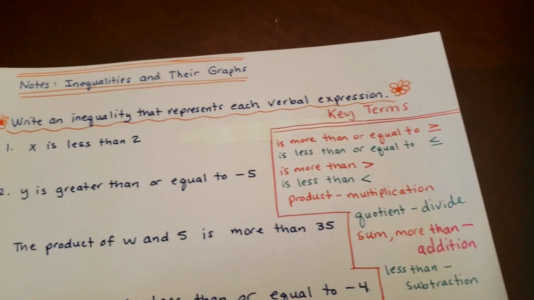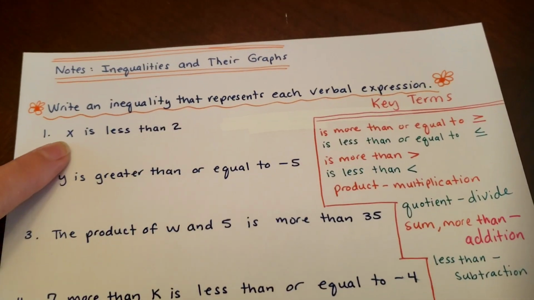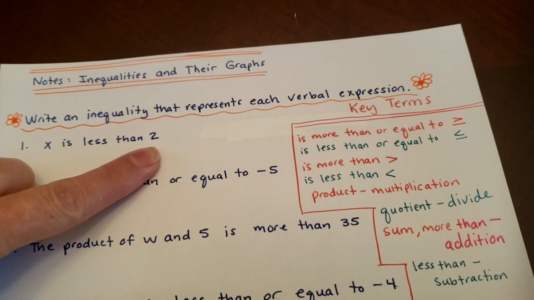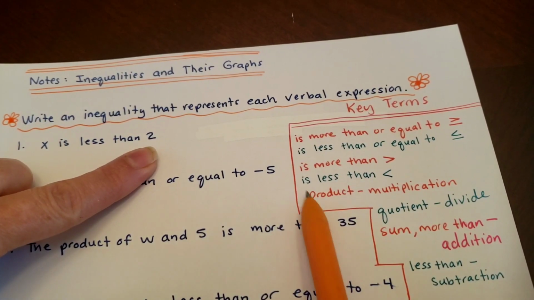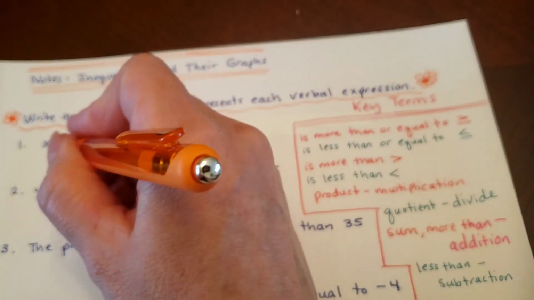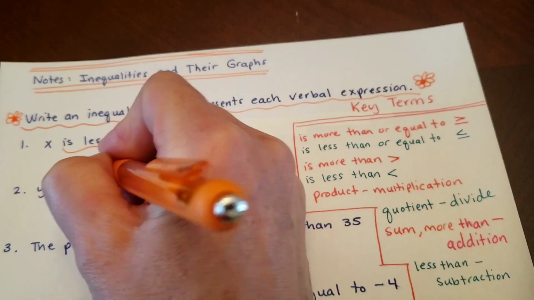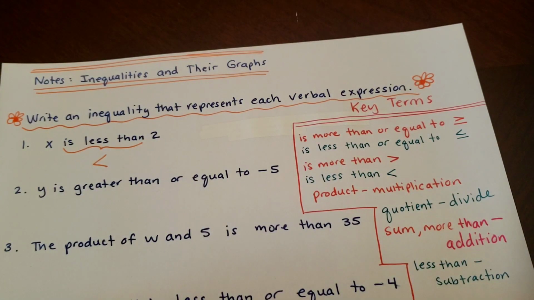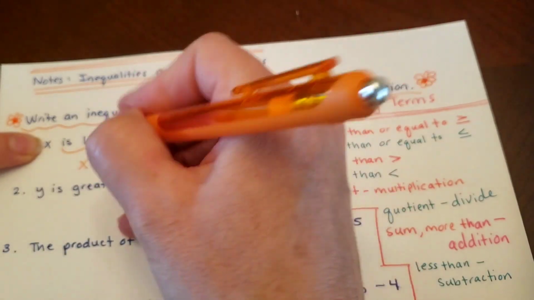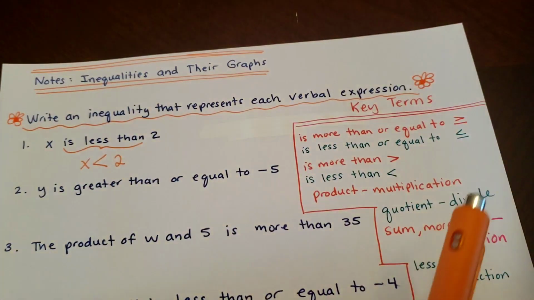All right, so if we switch back over to here now, we see it says x is less than 2. So if we look here, "is less than" is going to be this inequality sign. So for all of this, it's going to be that inequality sign, and then you basically just bring down the letter. So x is in front, 2 is behind, and that's your answer.